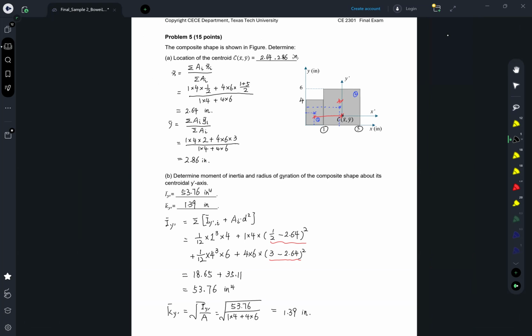For the moment of inertia, to calculate that, we have to use the parallel axis theorem to find the moment of inertia of each part, then take the summation of that. And after we have the moment of inertia, calculating the radius of gyration is more straightforward.